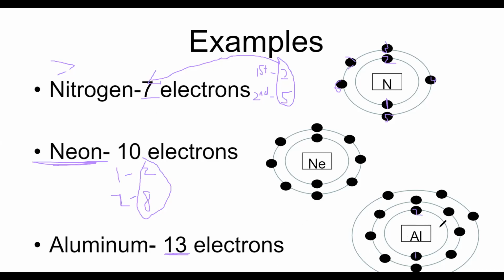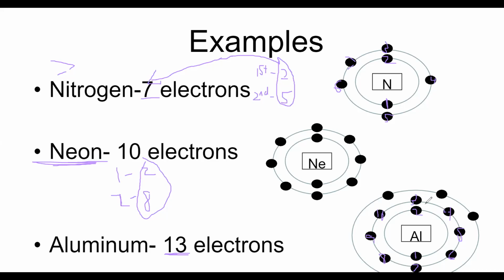First shell is now full. 2 is less than 13, so we got to start adding electrons to the second shell. 3, 4, 5, 6, 7, 8, 9, 10. So now we've put down 10 electrons total, 2 on the first shell and 8 on the second shell.